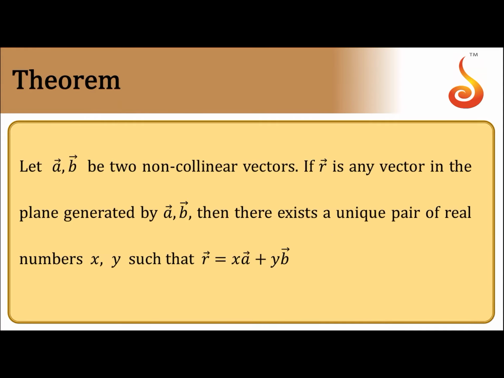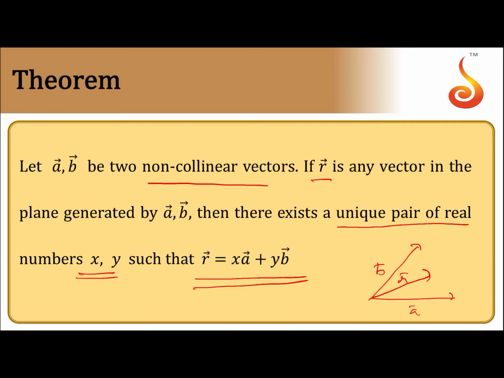A theorem, let us see that. A bar, B bar are two non-collinear vectors, and R bar is any vector in the plane generated by A comma B. Then there exists a unique pair of real numbers x comma y such that R bar is equal to x A bar plus y B bar.